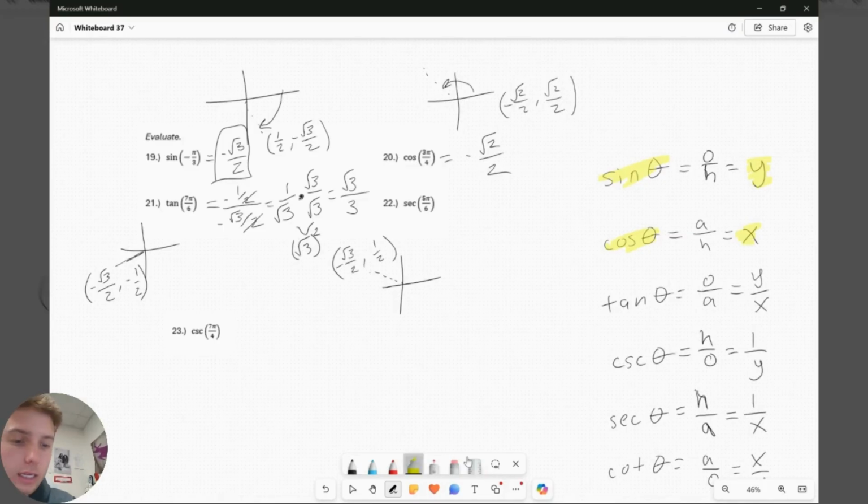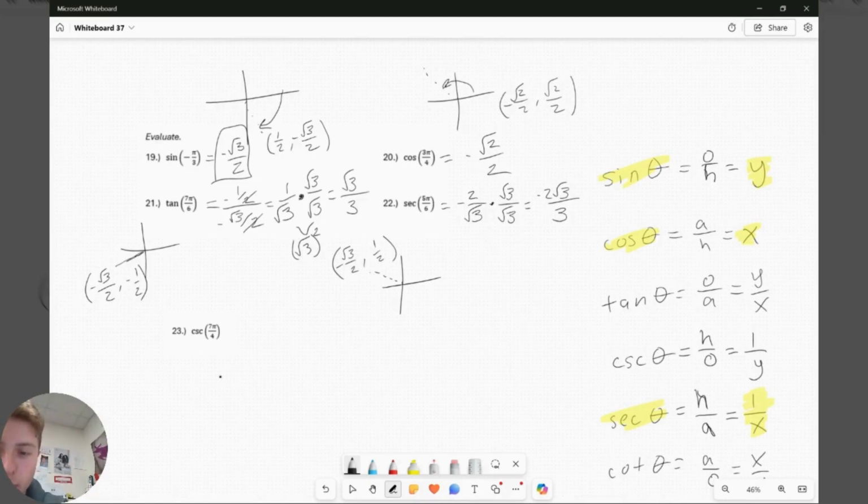Secant is the reciprocal of cosine. So I need the reciprocal of the x value. The reciprocal of the x value would be negative 2 over root 3. But again, I need to rationalize that. In order to rationalize, I can multiply the root 3 top and bottom, giving us negative 2 root 3 over 3.